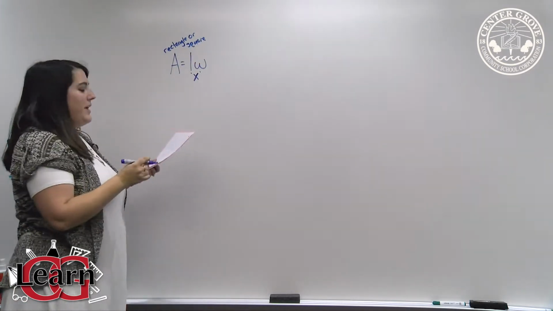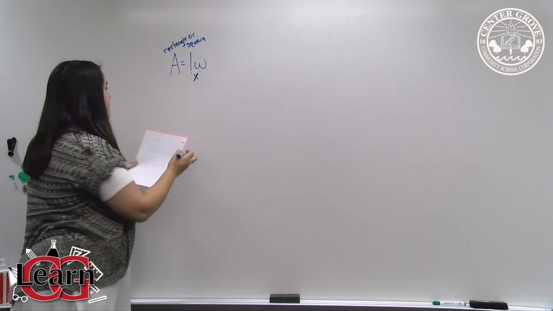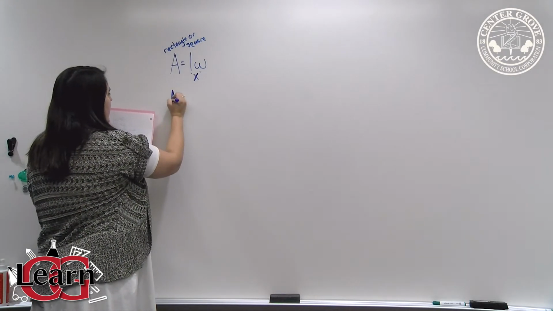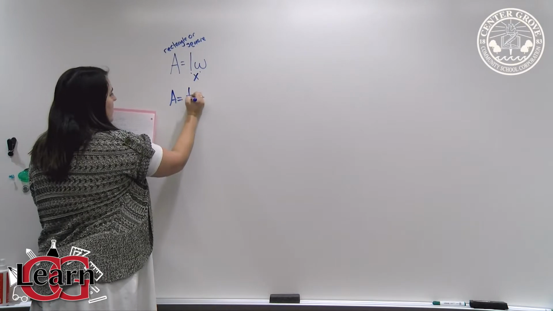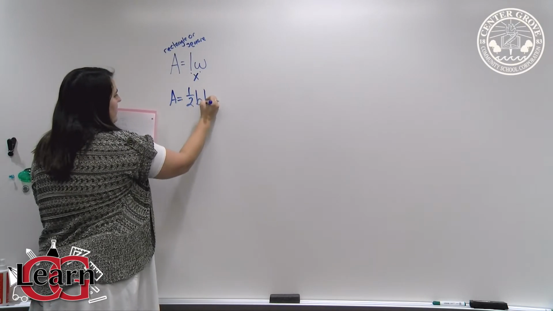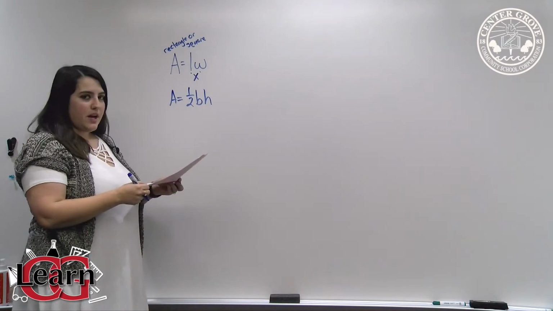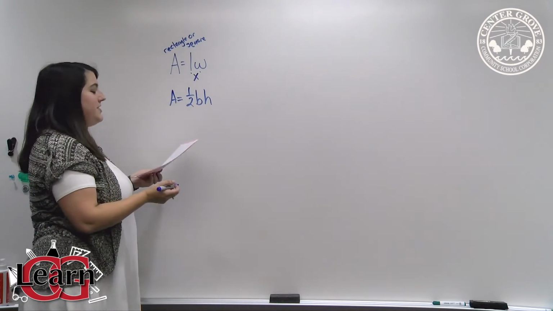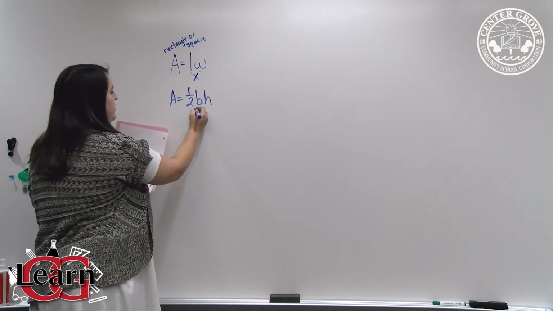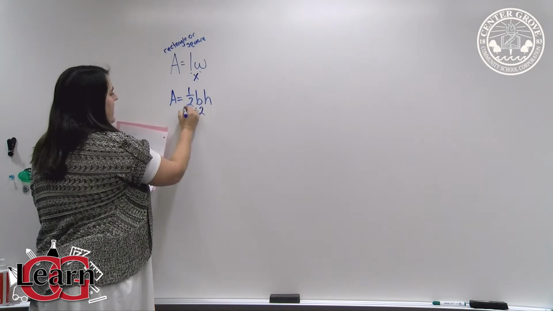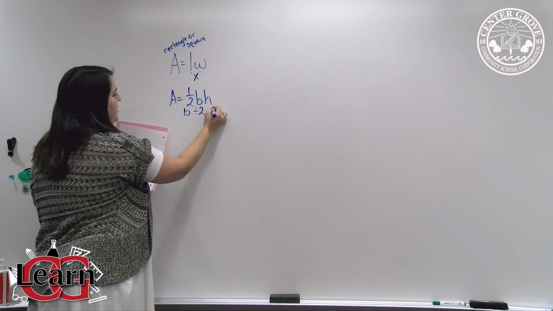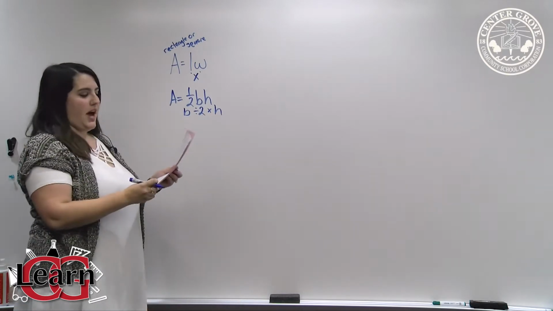Okay, and then we have the area of a triangle. For area of a triangle, A equals 1/2 base times height. And instead of multiplying times 1/2, you can actually divide the base by 2 instead. So you would have base divided by 2 times the height.